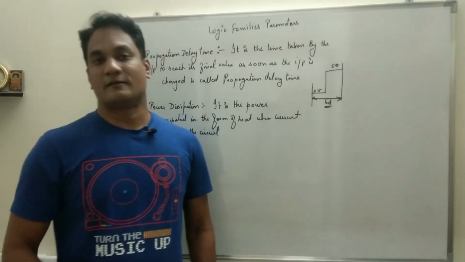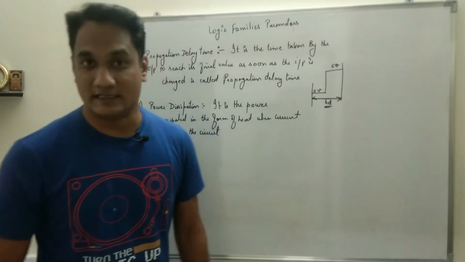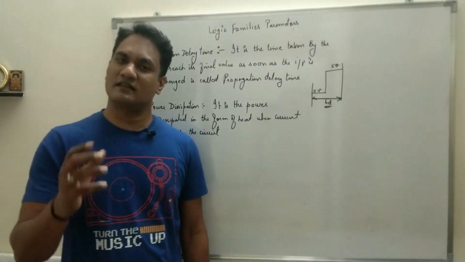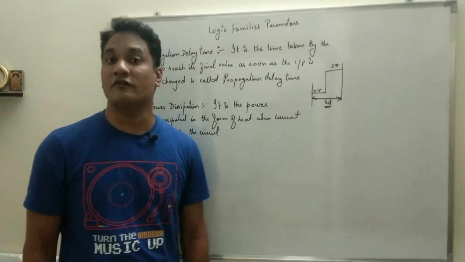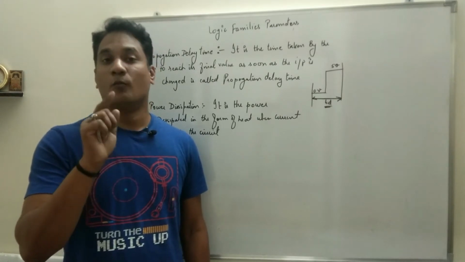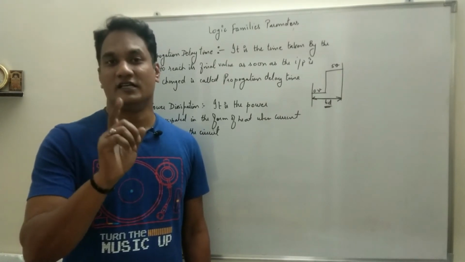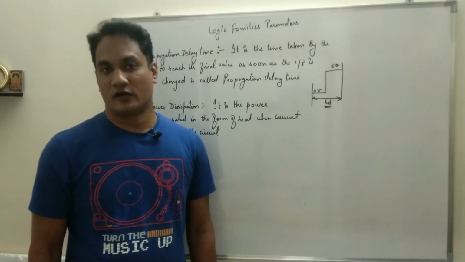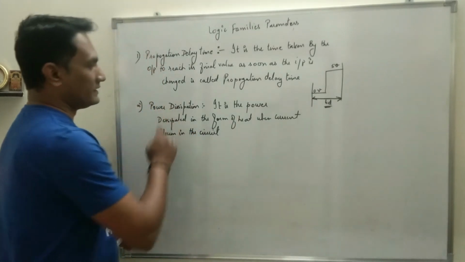So that is the parameter called power dissipation. Power dissipation is nothing but the power dissipated in the form of heat. The less the power dissipation, the more effective is your logic family. Okay, so that is power dissipation.